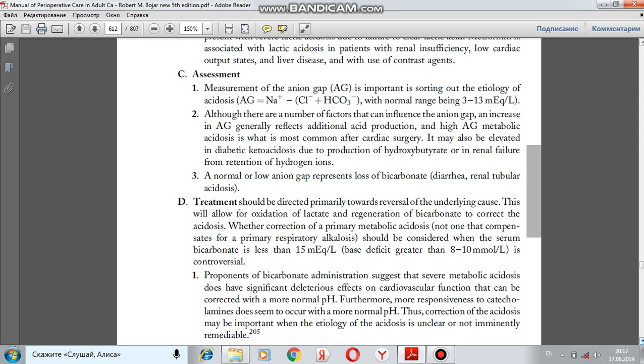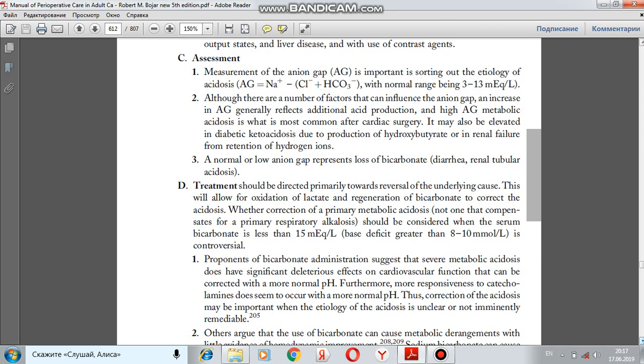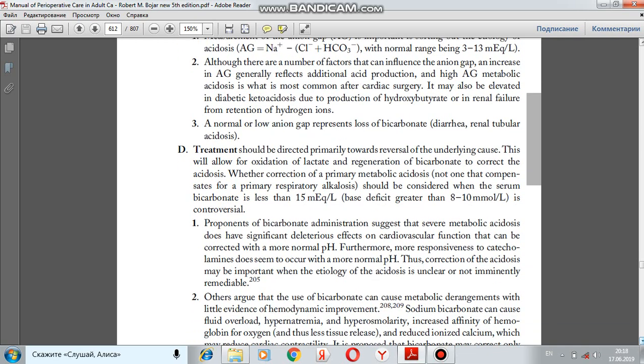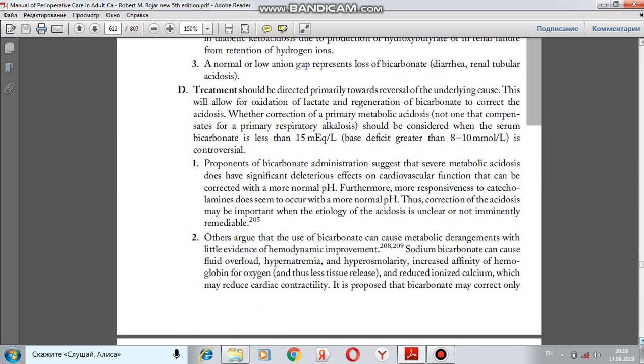An increase in anion gap generally reflects additional acid production, and high anion gap metabolic acidosis is the most common after cardiac surgery. It may also be elevated in diabetic ketoacidosis due to production of hydroxybutyrate, or in renal failure from retention of hydrogen ions. A normal or low anion gap represents loss of bicarbonate, as in diarrhea or renal tubular acidosis.